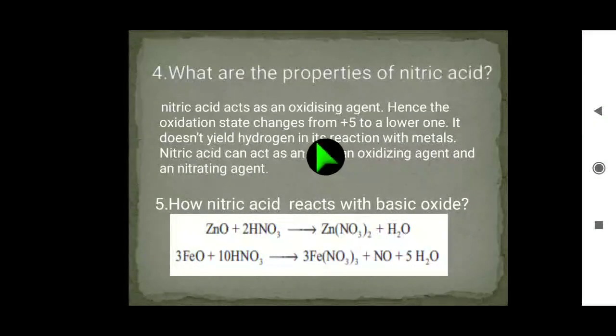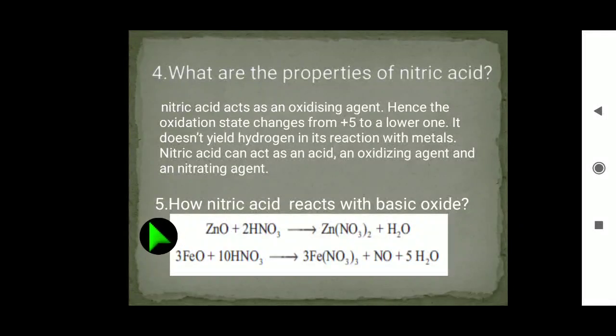It does not yield hydrogen in its reaction with metal. It is an exceptional one, because except nitric acid, other acids release hydrogen. Nitric acid can act as an acid, an oxidizing agent, and a nitrating agent. Nitrating agent means nitration takes place. Mostly we can see this in organic reactions.